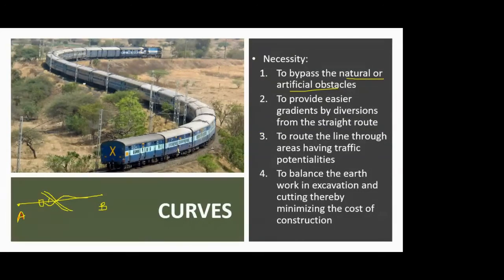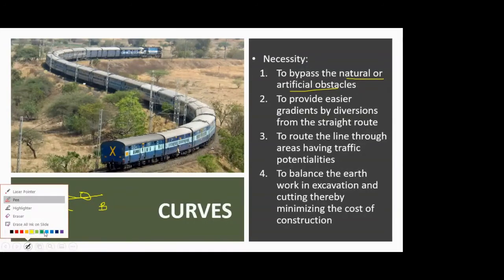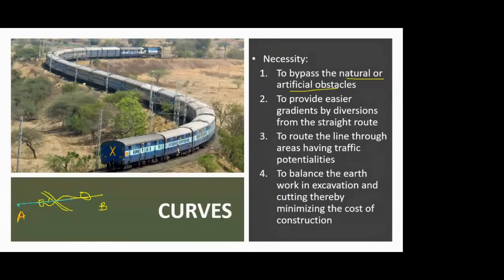Or if it's an artificial obstacle as in a city or a town, and just the outskirts is passing through your proposed alignment. So I'll just mark the proposed alignment on the straight line here. So yeah, this is the proposed alignment. So that is nothing but the artificial obstacle.